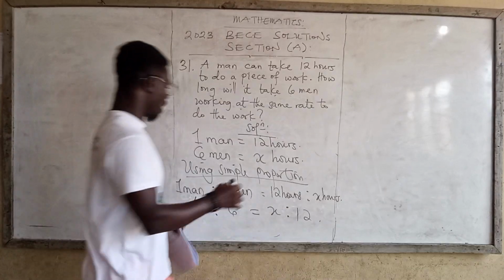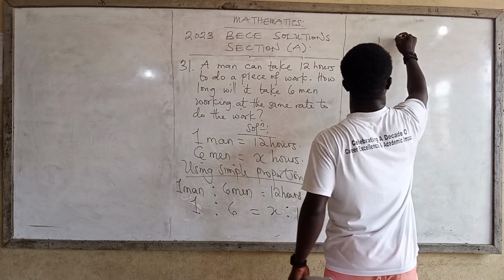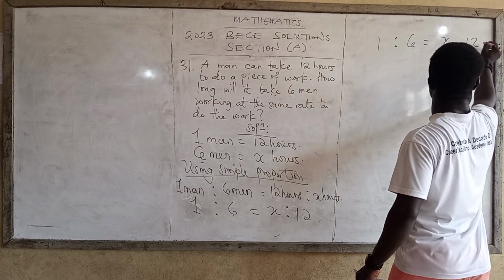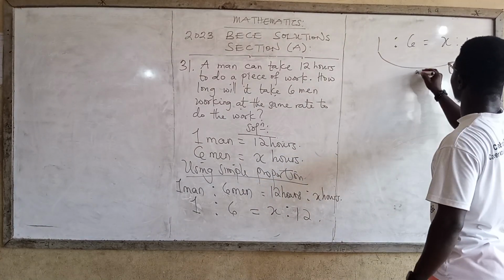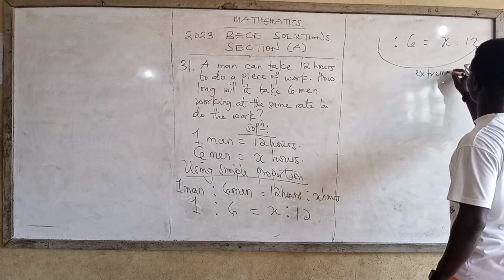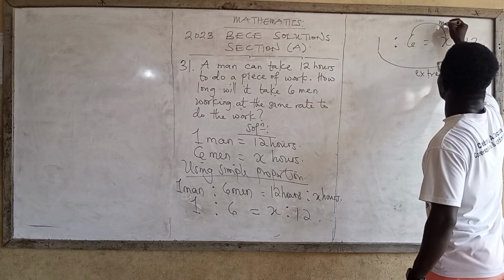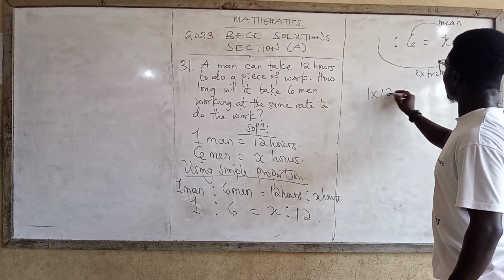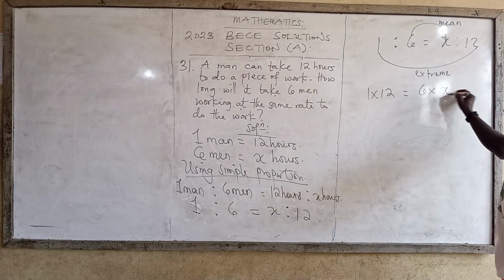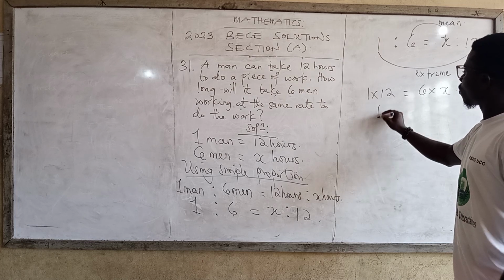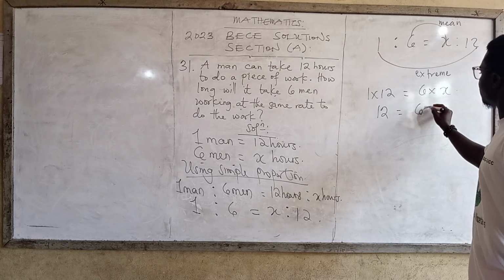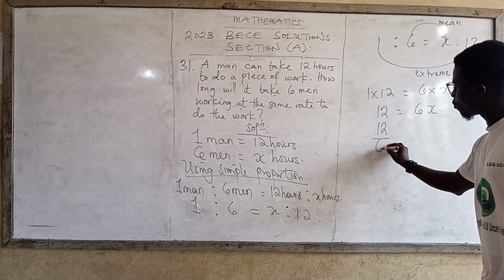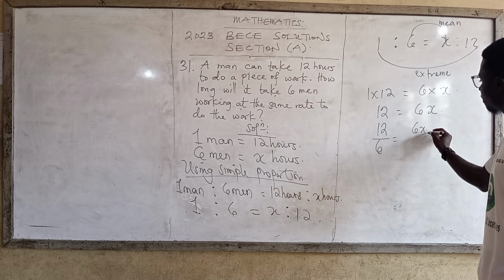Now I can use my extreme and mean. So I have x is to 12. So this is my extreme, and this one is my mean. So 1 times 12 is equal to 6 times x. So 1 times 12, I obtain 12, equals 6 times x, I obtain 6x. What can we do? We divide both sides by the coefficient of x, which is 6.